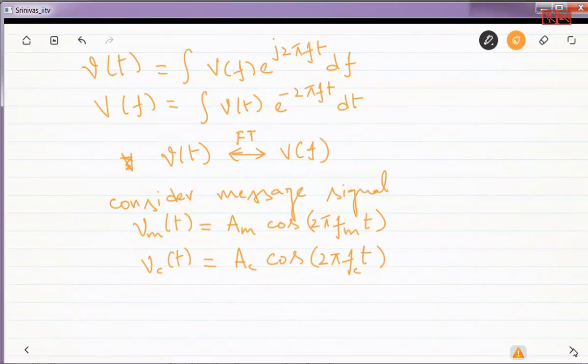We'll see through Fourier transform analysis, through mathematics, that multiplying these two signals will translate the signal at fm to a frequency at fc. Here we also assume that fc is much higher than fm, or simply higher than fm.